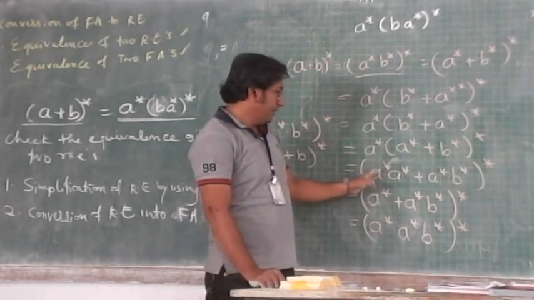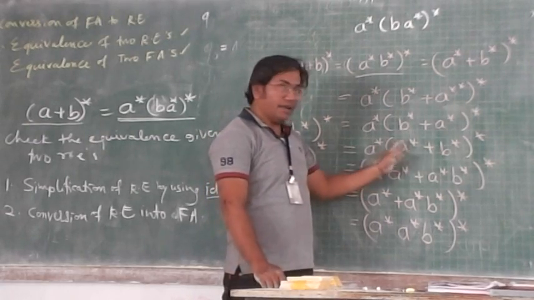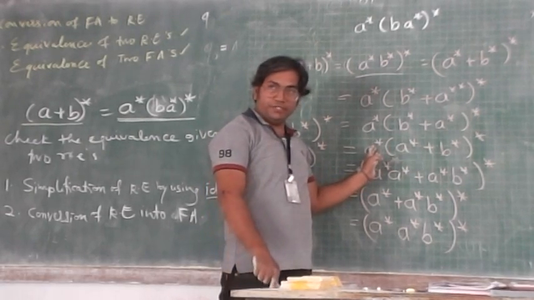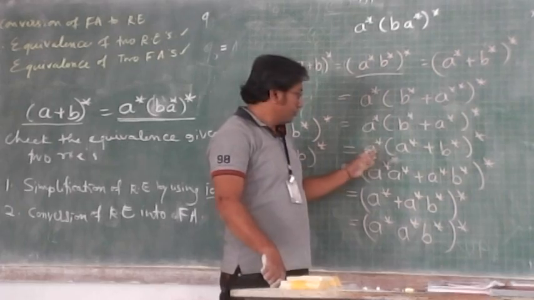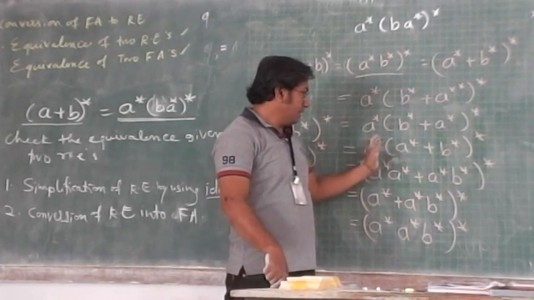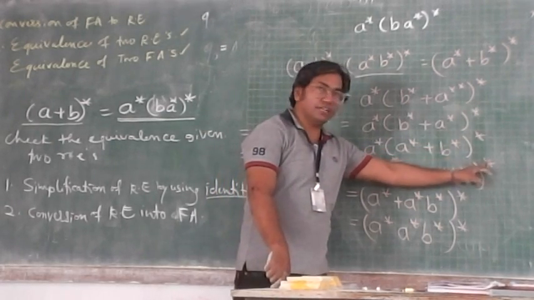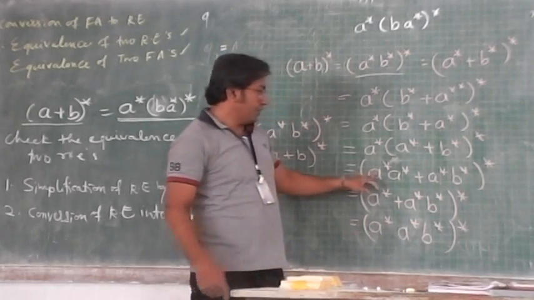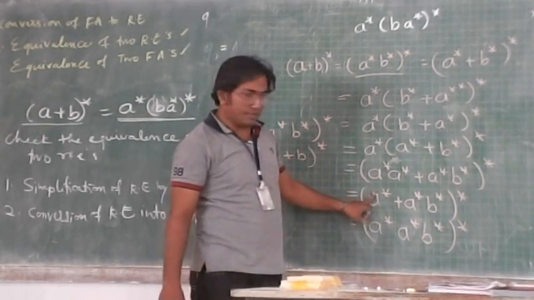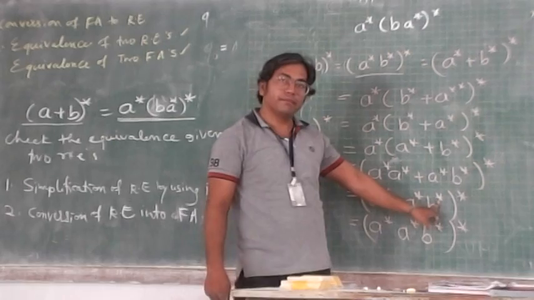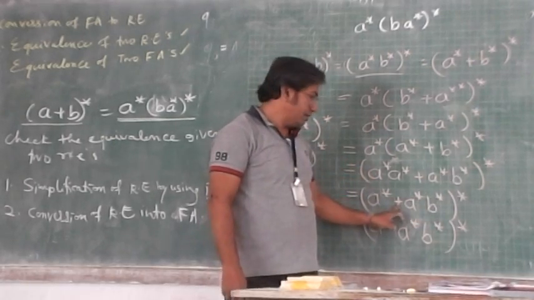Here I got A star, then I applied the distribution law. So A star B star, and the whole outside star I kept as it is.